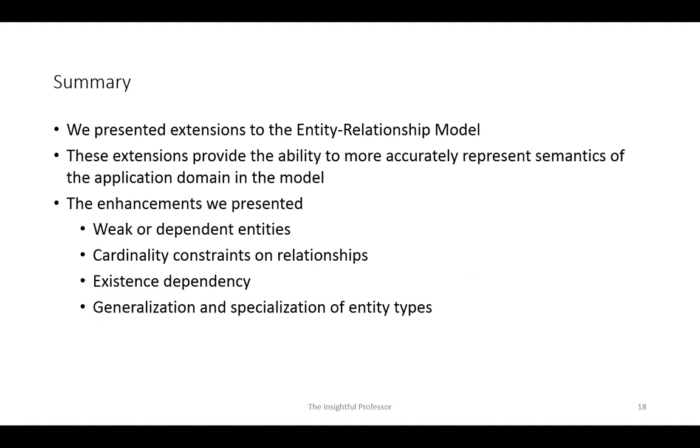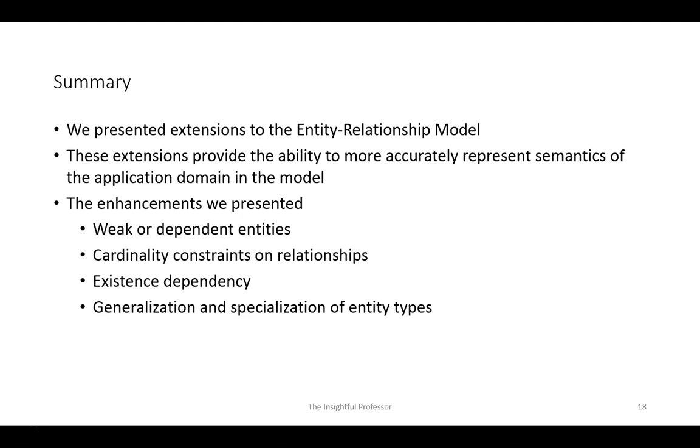In this video, we presented extensions to the entity relationship model. These extensions provide the ability to more accurately represent semantics of the application domain within the model. The enhancements we discussed were weak or dependent entities, cardinality constraints on relationships, the concept of existence dependency, and finally, generalization and specialization of entity types, which we referred to as an ISA relationship.